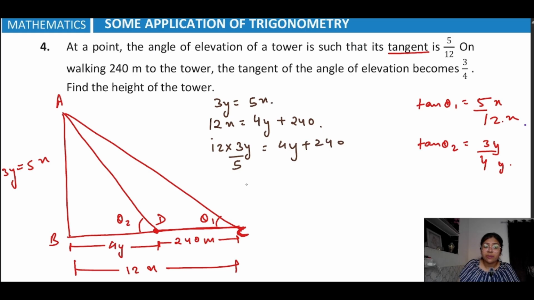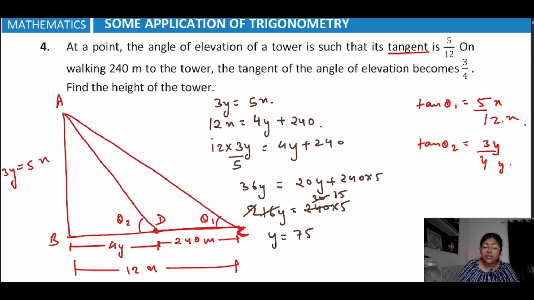Multiplying, 36y equals 20y plus 240 into 5. 16y equals 240 into 5. Cancel this by 8, so it is 2 and this is 30, and this is again cancelling. So 15 times, right? So the value of y is 75 meter. This is the value of y.